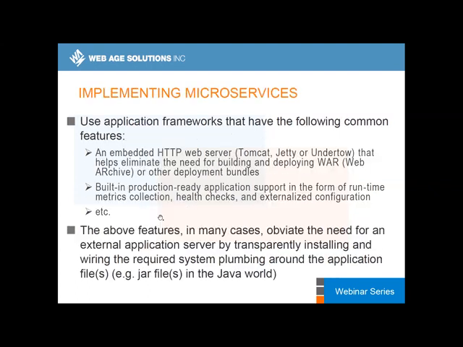Okay, so implementing microservices, there are a number of ways, depending on which school of thought you are adhering to. If you're .NET, Java. For Java, you have lots of things. Currently, there is the concept of an embedded web server, where you essentially have that HTTP listener exposed in a jar file that you can load into your public static void main application, and that would be a way to instantiate a web server.